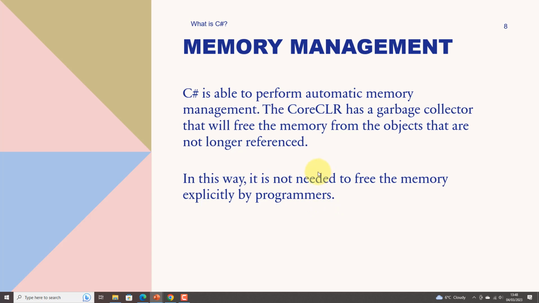Also, C# is a very safe programming language compared with Python and C++ because Core CLR includes specific services which make C# very safe, such as memory management, which I was talking about previously, type safety, exception handling, garbage collection, and thread management. So that was my lecture regarding what is C# and .NET.